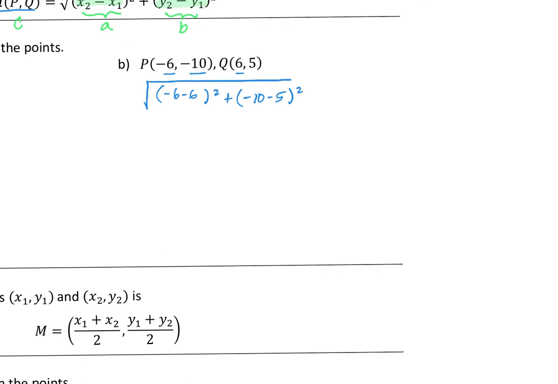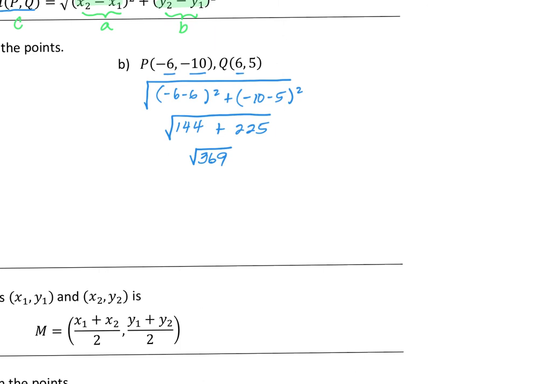This would be negative 12 squared, which would be 144, plus negative 15 squared would be 225. I sound like I knew that, but I'm actually putting that in a calculator. Adding those two, I get the square root of 369.